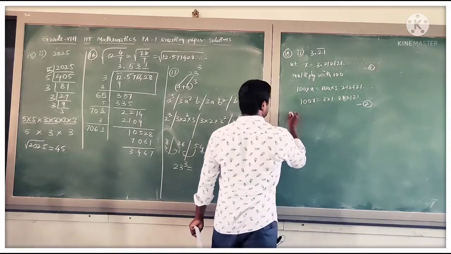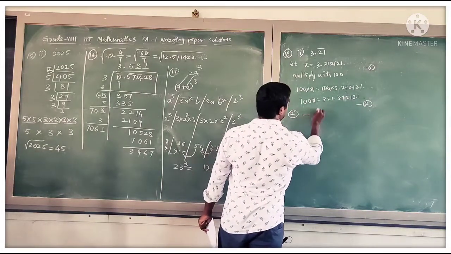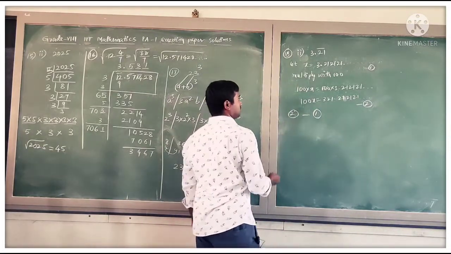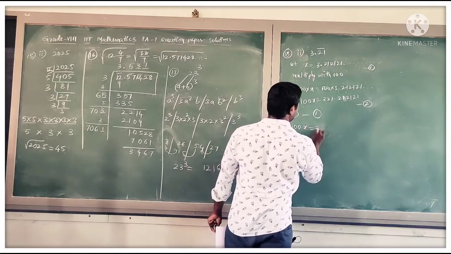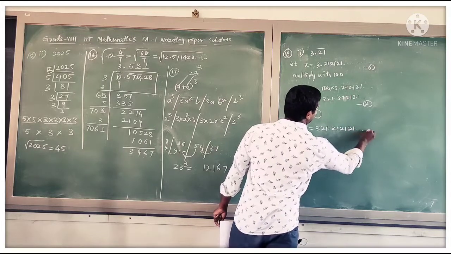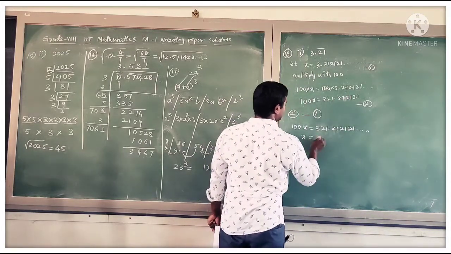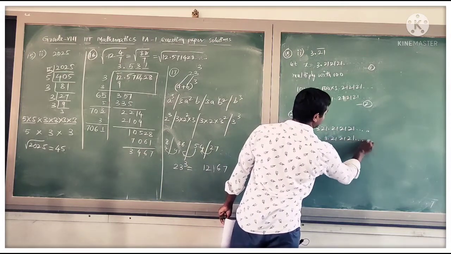Now subtract. So equation 2 minus equation 1. Equation 2 we have 100x equal to 321.212121, and so on. Next, what is equation 1? x is equal to 3.212121, and so on will come.